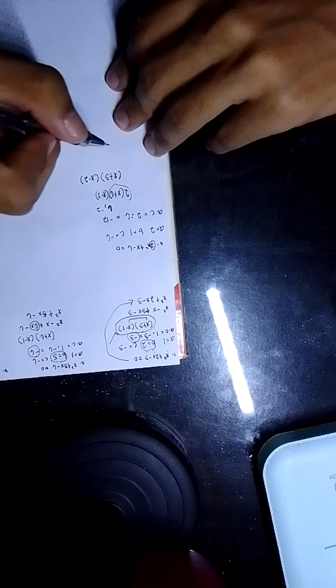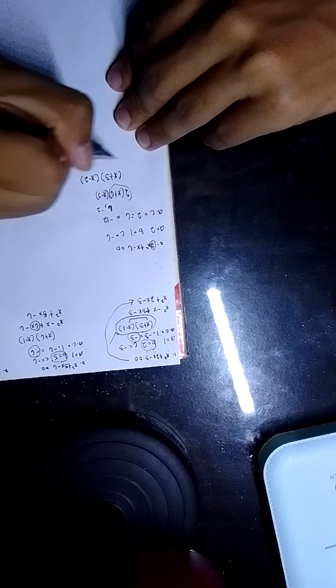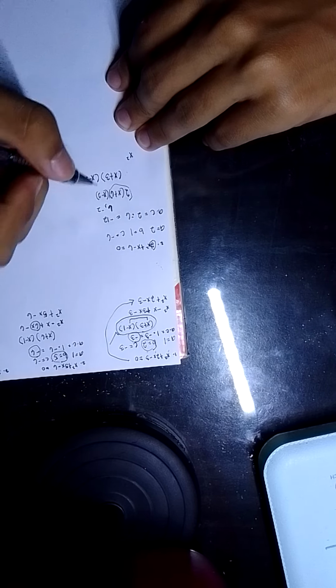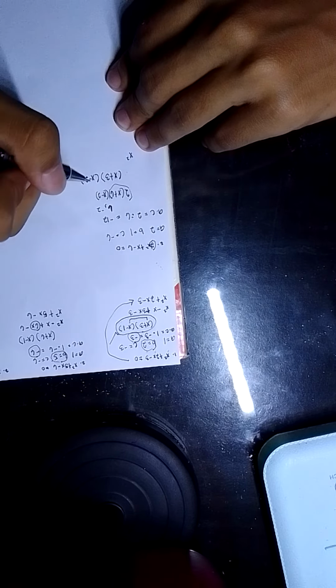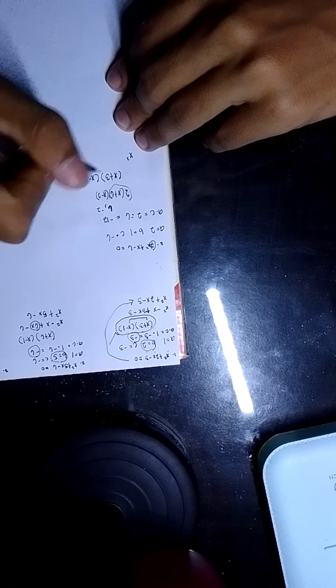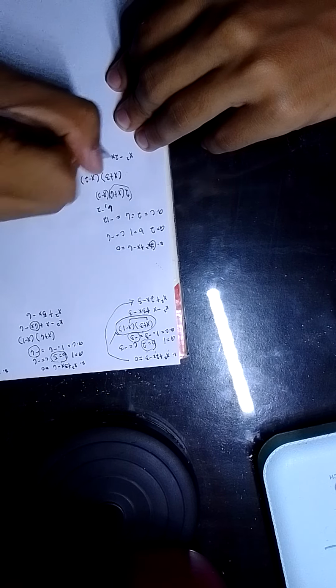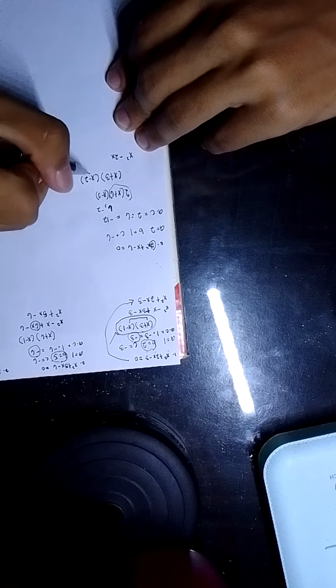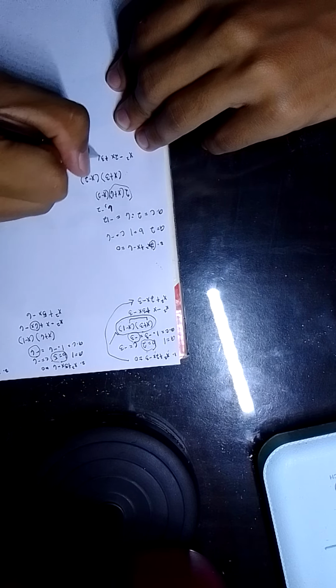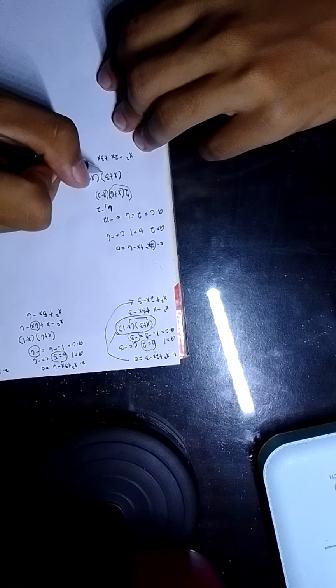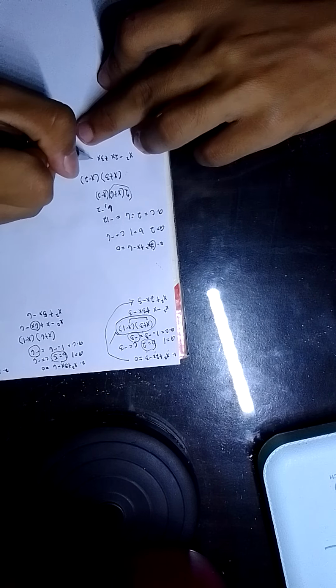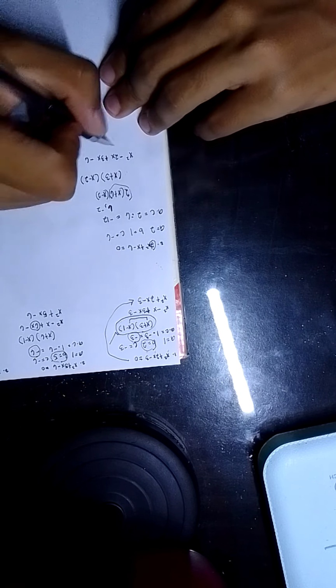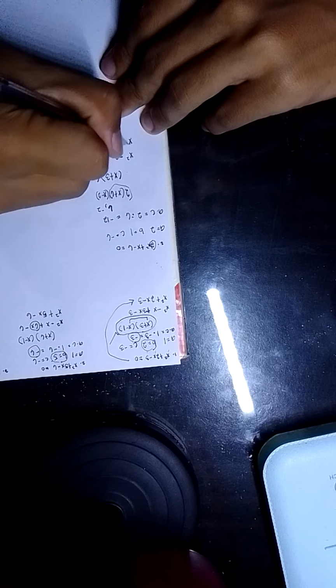Then let's check if it is correct. x times x is x squared. x times negative 2 is negative 2x. Then 3 times x is 3x. Then 3 times negative 2 is negative 6. Combine the like terms, x squared.